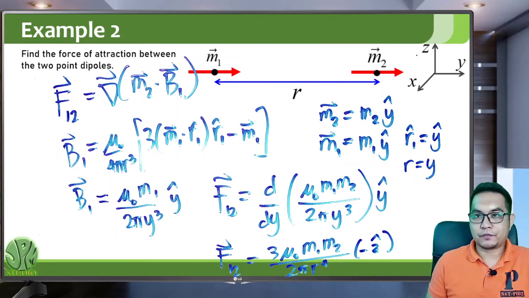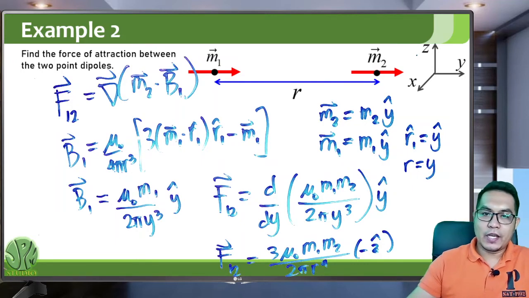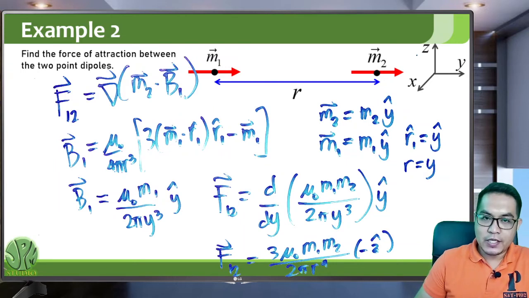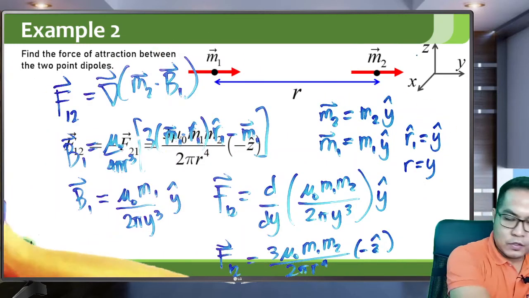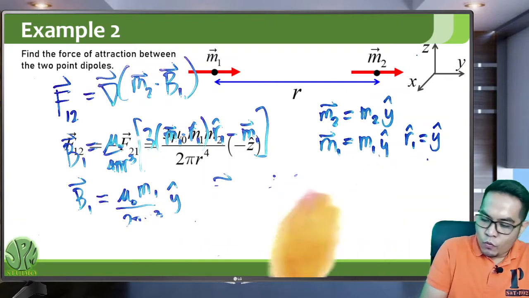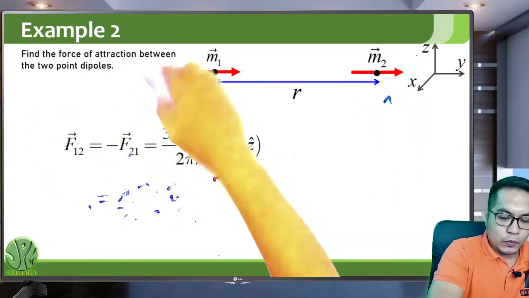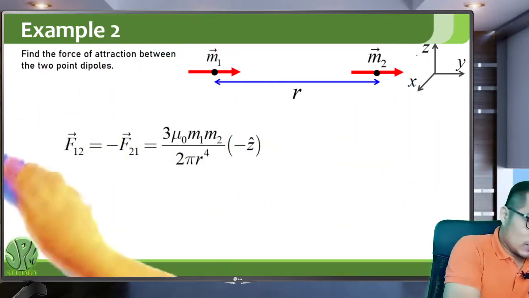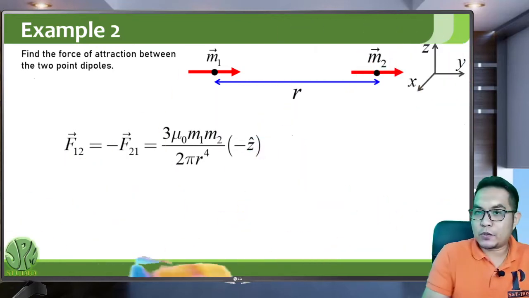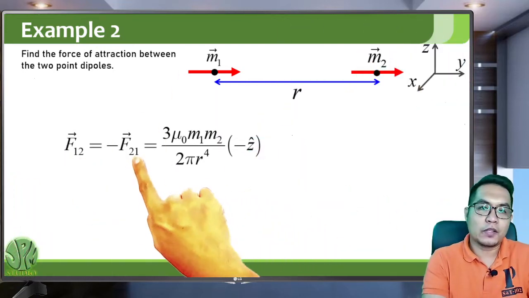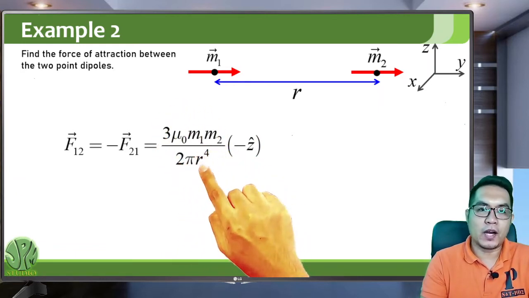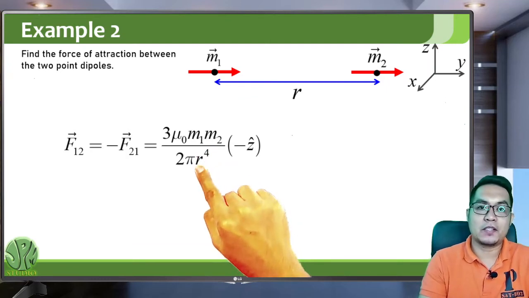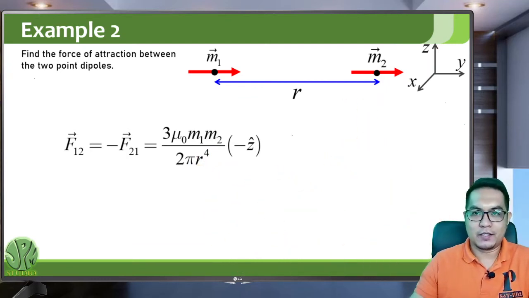So the magnitude is just this term here. The force exerted by dipole 1 on dipole 2 is opposite in direction but equal in magnitude to the force exerted by dipole 2 on dipole 1. They have the same magnitude, 3 mu naught m1 m2 over 2 pi r to the 4th. R is just equal to y in this case.